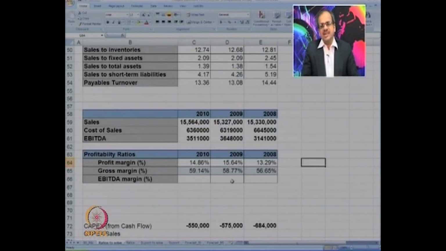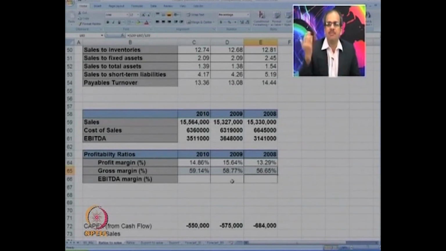Okay. So, you can see here the success of Colgate Palmolive lies in what? It is really able to maintain a very high gross margin. Gross margin was 56%, currently it has increased to 60%. So, the company is able to sell its goods at premium prices, that is why its margins are high, and from that margin it is able to maintain a good amount of net profit margin as well.